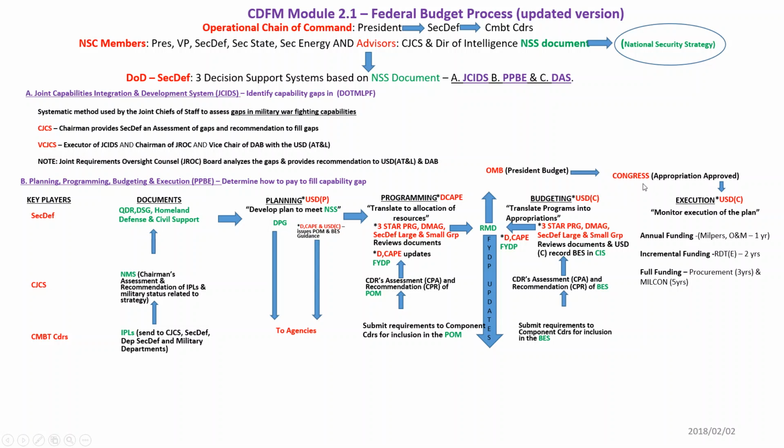The concurrent budget resolution is the responsibility of the House and Senate Budget Committee. And then I said the second phase is the authorization phase. Which part of the Congress, the House and the Senate, is responsible for the authorization phase of congressional action? Well, that is the House and Senate Armed Services Committee.